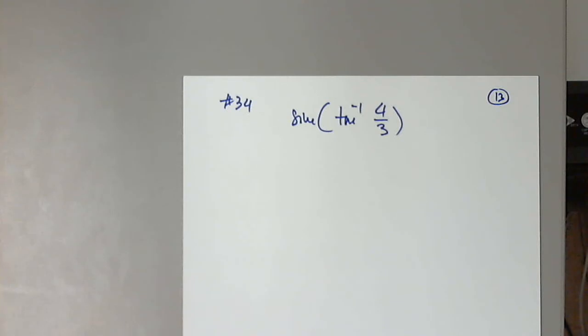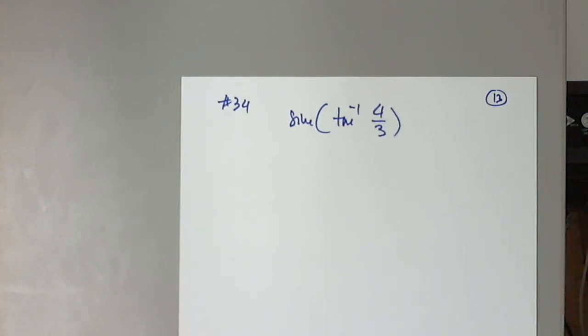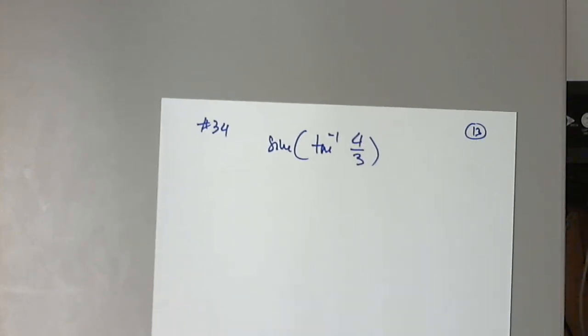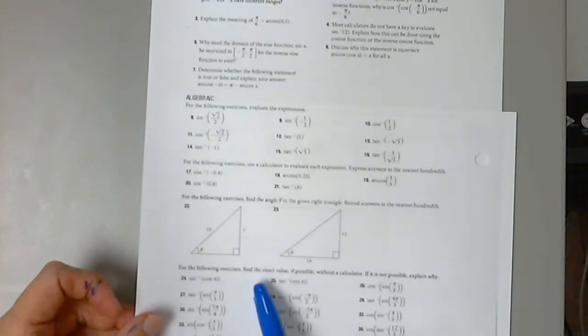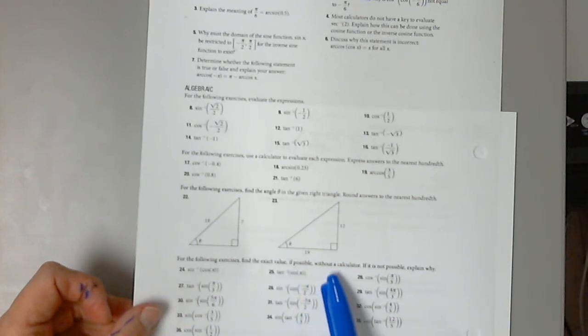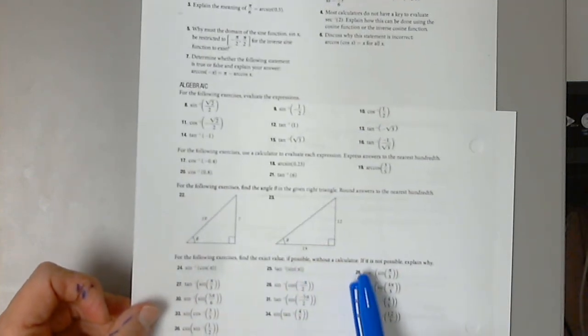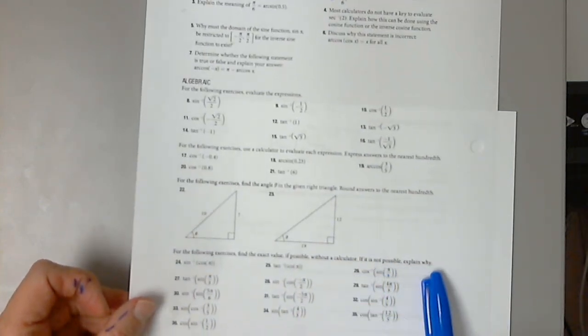Perfect. Well, there is no point in discussing the property of inverse functions. Sine and tangent inverse are not inverses of each other, so I just need to determine this. And in this particular problem, it says, find the exact value, if possible, without a calculator. If it is not possible, then explain why.